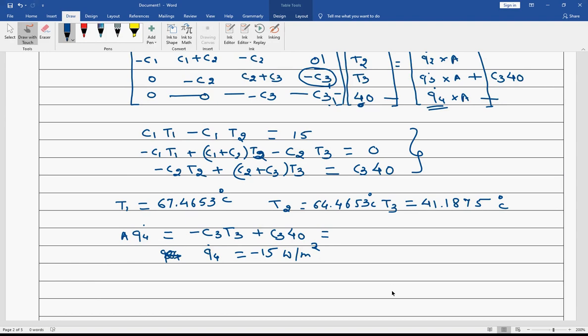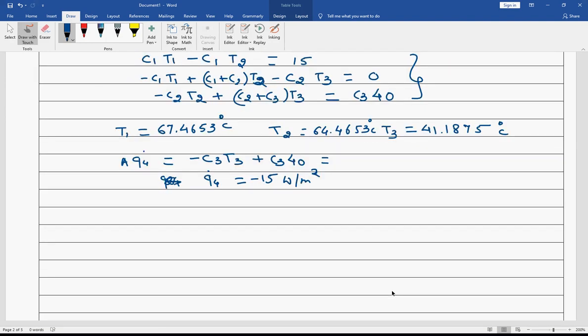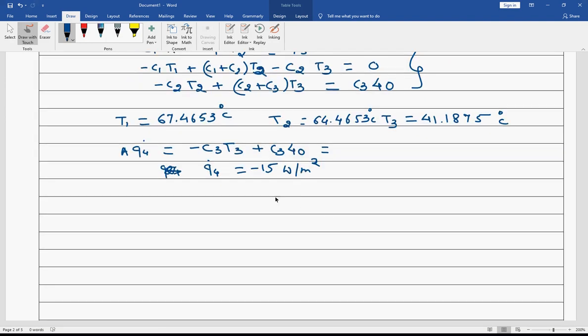Now the next problem we are going to discuss, and I'm going to give you some time to think on it. So node 1, node 2, node 3, and this is node 4. So 4, 3, 2, 1.